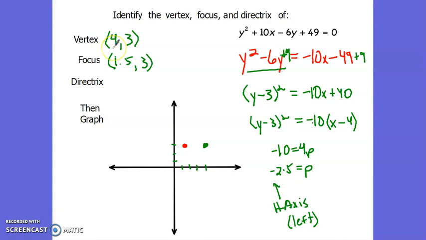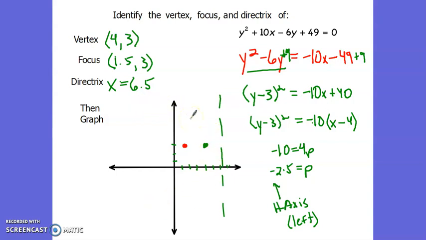So again, 4 minus negative, or 4 plus, this is going to be at x equals 6.5. So we're going to go out to, this would be 5, 6, 7. We're going to plot our dashed line up here at 6.5, and our graph should travel in this general direction.